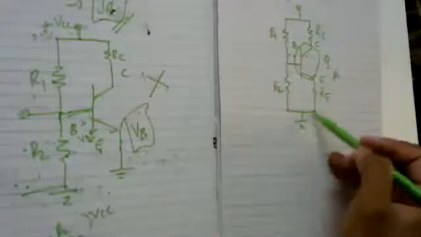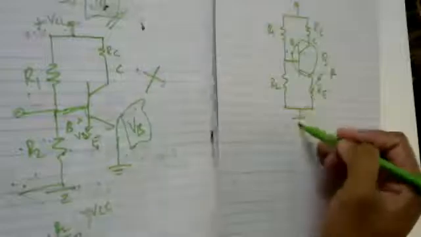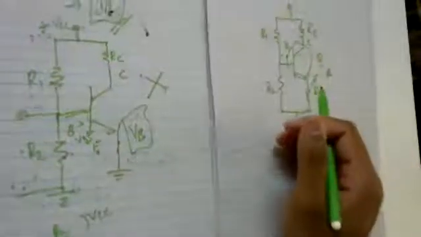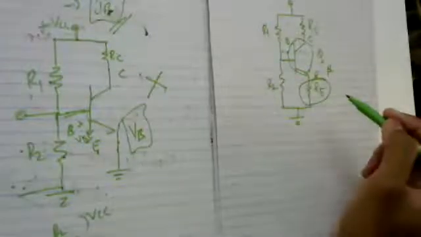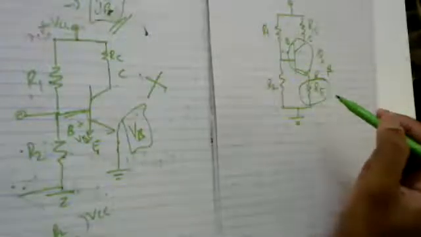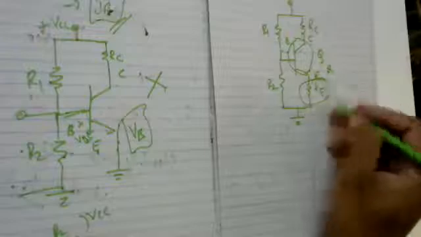Emitter is grounded, Gunjan. This is an emitter which is being grounded over here. So when I compare these three configurations, in this voltage divider, RE is included, emitter resistance is included. You may be wondering what this emitter resistance can do.